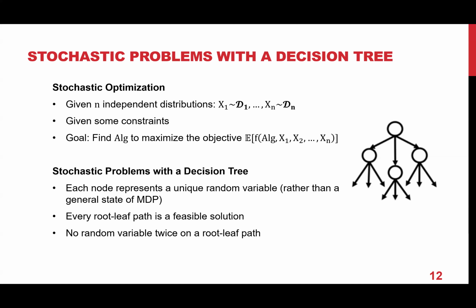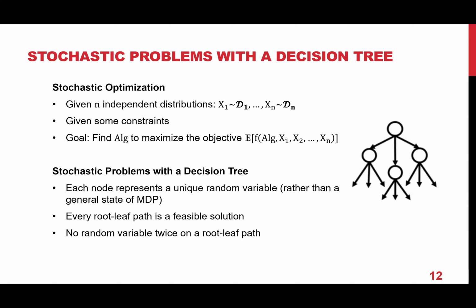This captures many stochastic problems. The properties are: each node represents a unique random variable, and every root-leaf path is feasible for your constraints, whatever constraints you have. No random variable appears twice on your root-leaf path, because in some sense you cannot get two realizations of the same random variable. This captures many problems, such as stochastic probing.